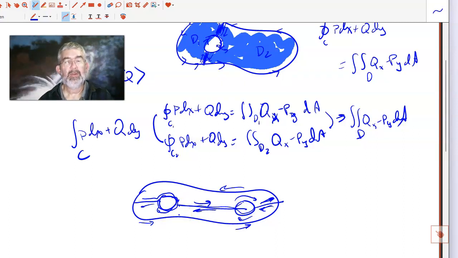So either form of Green's theorem, the circulation form or the flux form, works on these non-simply connected regions as well, provided that you orient things properly, that you make those inside curves clockwise, because that is still positively oriented with respect to the region. So there you go, there is Green's theorem for general regions.